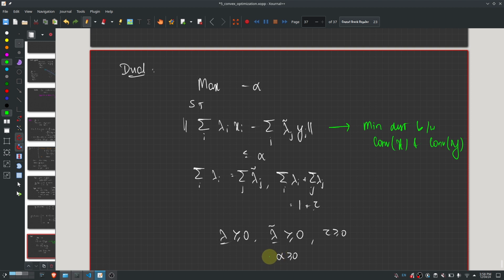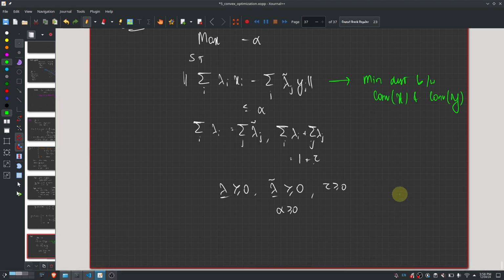So if you solve the dual optimization problem, instead of finding the hyperplane, you are effectively finding the two closest points in the convex hulls of x and y. And the hyperplane would be the normal hyperplane to the line joining these two minimum distance points.